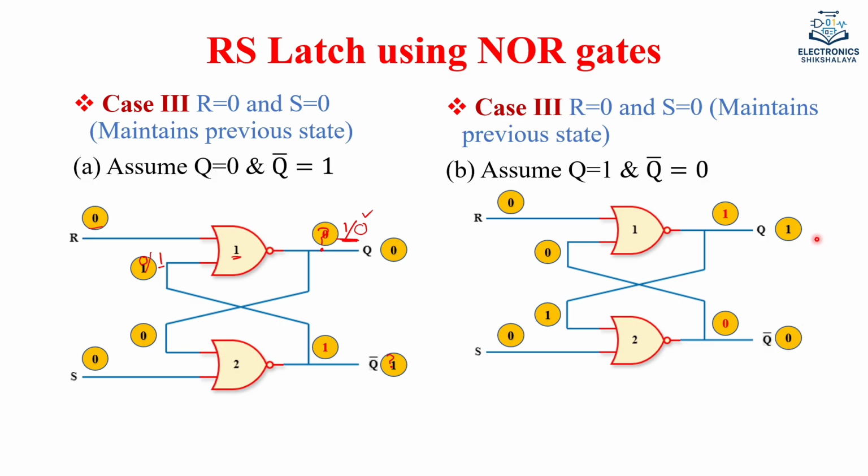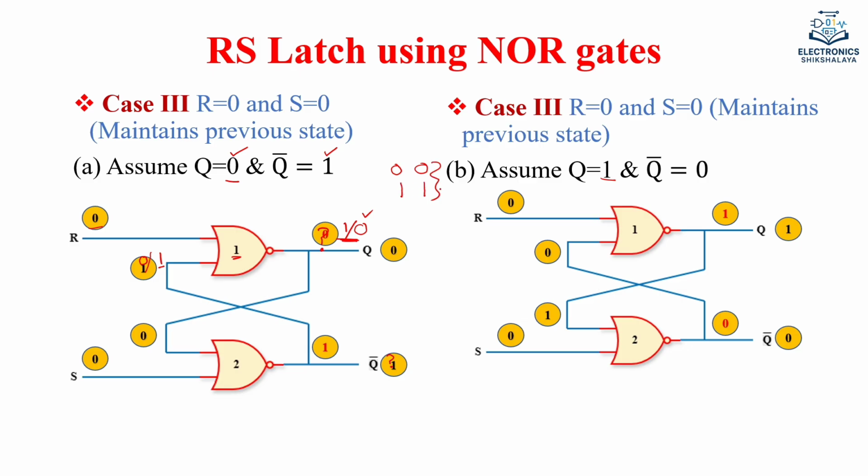So why are we assuming these two cases for Q? Because for normal operation of any latch, Q and Q bar should be complement to each other. We cannot assume Q equal to 0 and Q bar equal to 0, and also we cannot assume Q and Q bar both to be 1, 1.